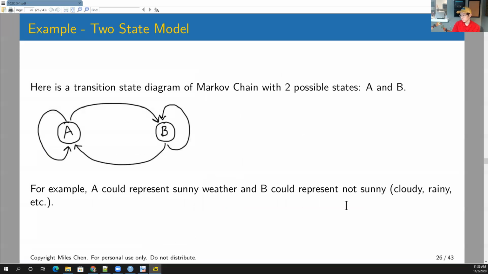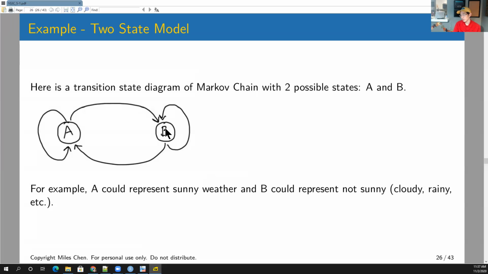Okay, so here is a very basic diagram. Forgive my illustration here. This would be a 2-state diagram with 2 possible states. A possible example is A could represent sunny weather and B could represent not sunny weather, okay? And so from A, you could end up going back to A. So if it's sunny today, you could end up being sunny tomorrow, okay? Or if it's sunny today, it could end up being not sunny. It could end up being cloudy or rainy or something different tomorrow, okay?